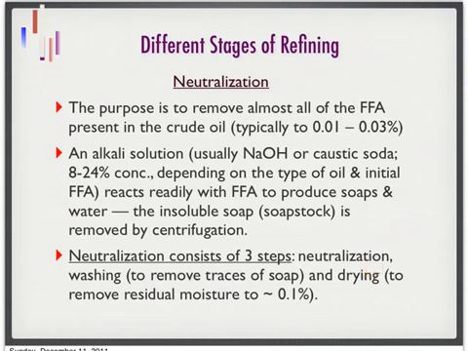But after that, there's probably some traces of soap which can be removed further by a washing step, and finally drying to remove whatever moisture is still there down to a very low level, around 0.1%.